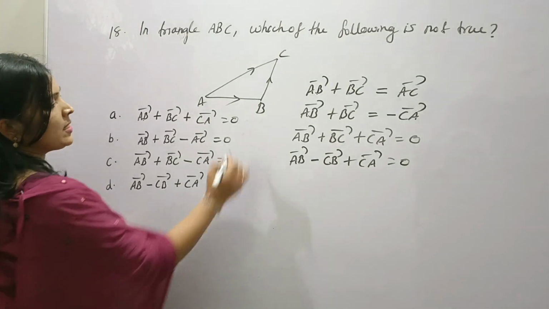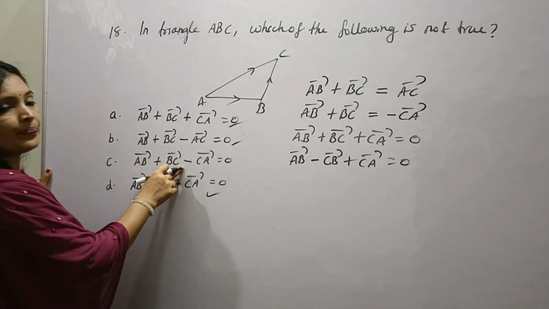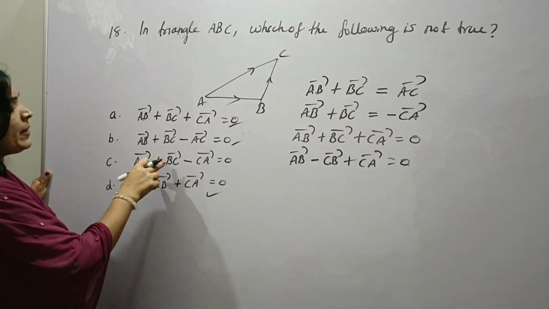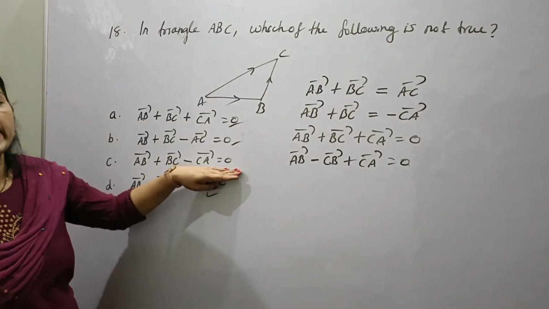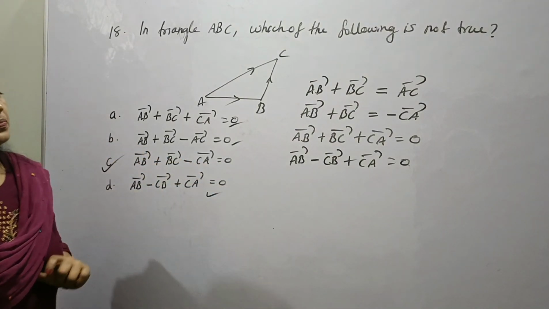So it's also correct. These three are correct. Next, here it is not correct. That is, vector AB plus vector BC minus vector CA is equal to 0 is not true. So it is the answer.